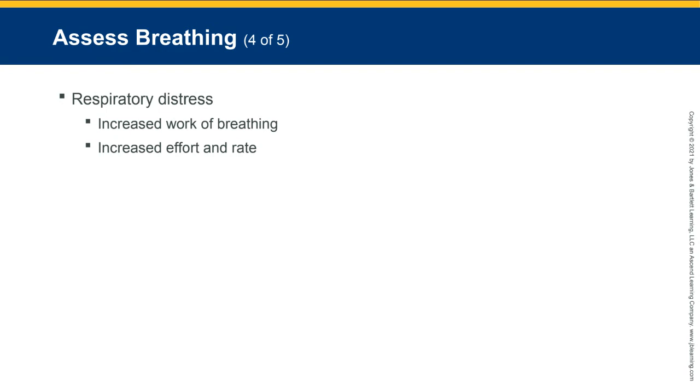Visible chest rise defines distress. Once the visible chest rise becomes compromised, so if it's poor chest rise or no chest rise, then you have a patient that is moving into failure and arrest. So respiratory distress is defined by chest rise.